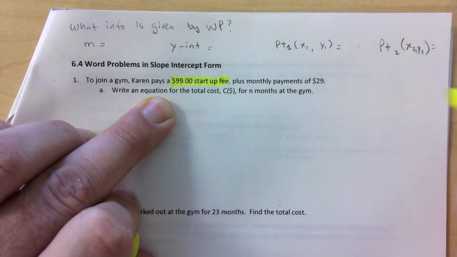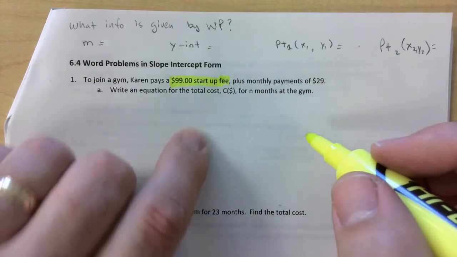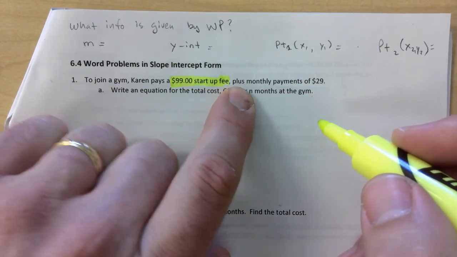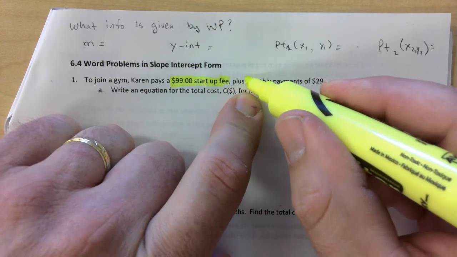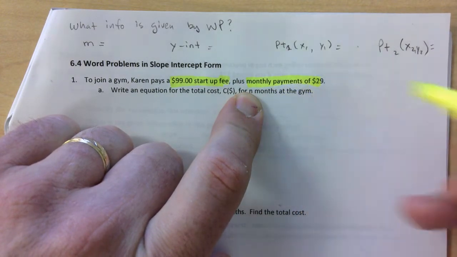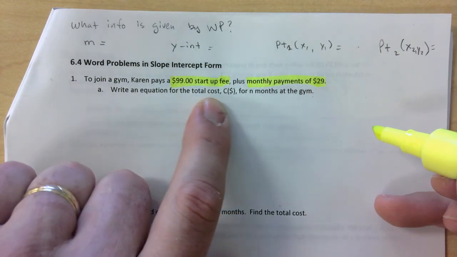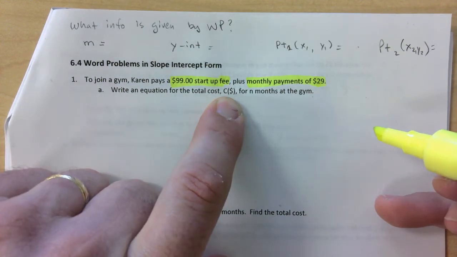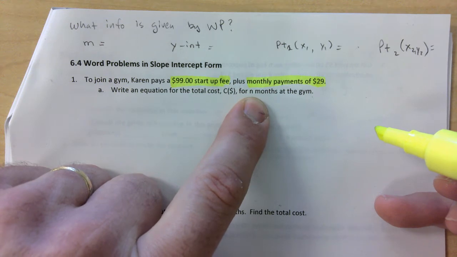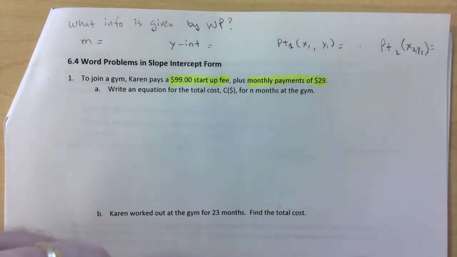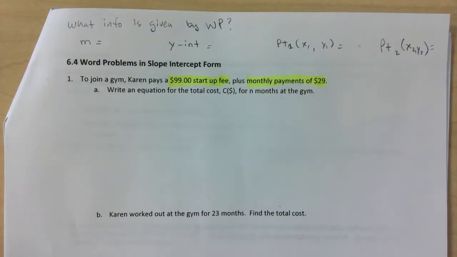I'm going to highlight that, and then later I'm going to put a note to that. Plus monthly payments of $29. Write an equation for the cost C and for months N. So basically write an equation that represents the cost in terms of months.